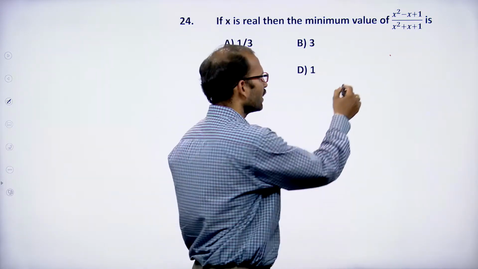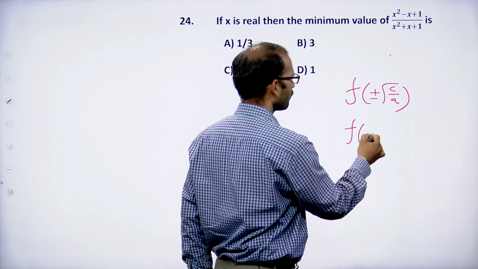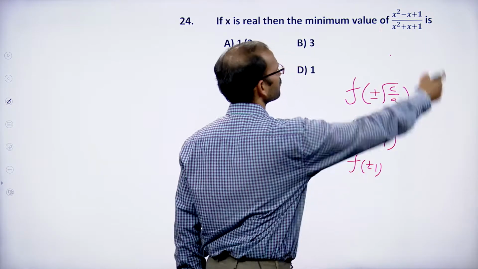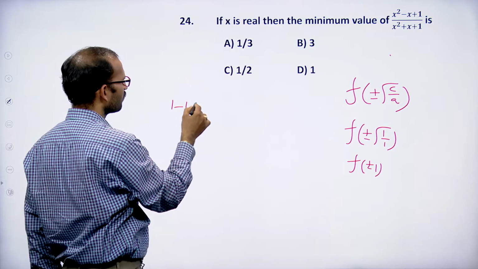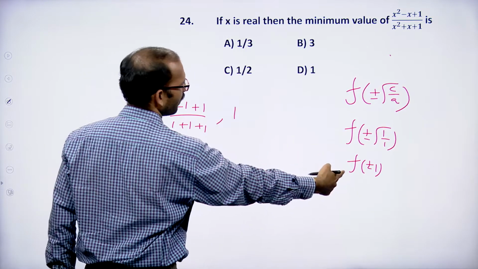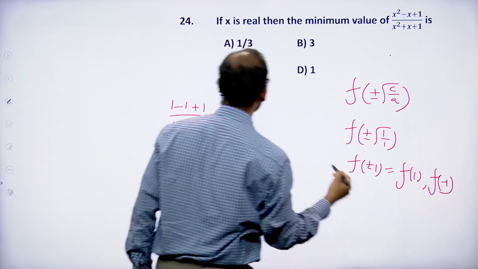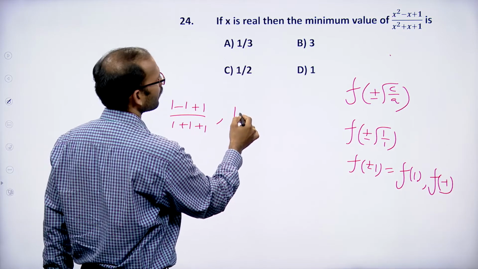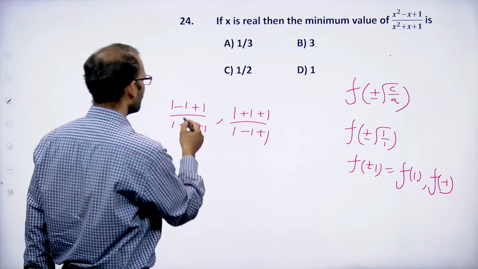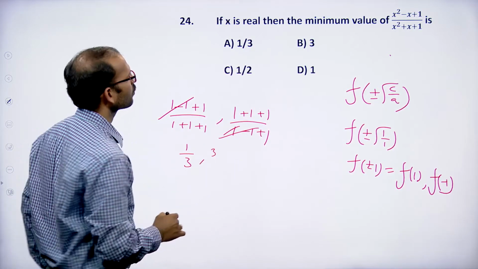Therefore I can apply f(±√(c/a)), which is f(±1). Substituting 1: (1 − 1 + 1)/(1 + 1 + 1) = 1/3. Substituting −1: (1 + 1 + 1)/(1 − 1 + 1) = 3. So 1/3, 3.